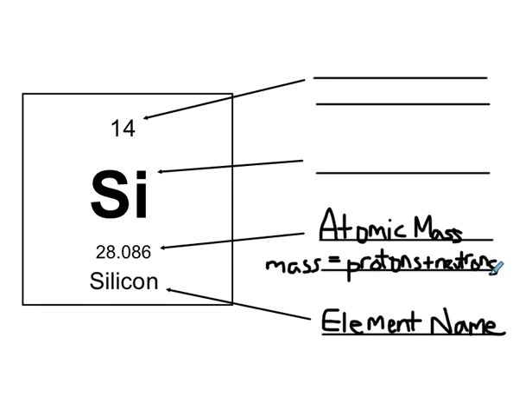You can also use this atomic mass to figure out how many neutrons are in there once you know the number of protons. Because you can round this number, so 28.086 would round down to 28, and then you could subtract the number of protons, which is your atomic number, and that would leave you with the number of neutrons. So we could do 28 minus 14 would give us 14 neutrons.